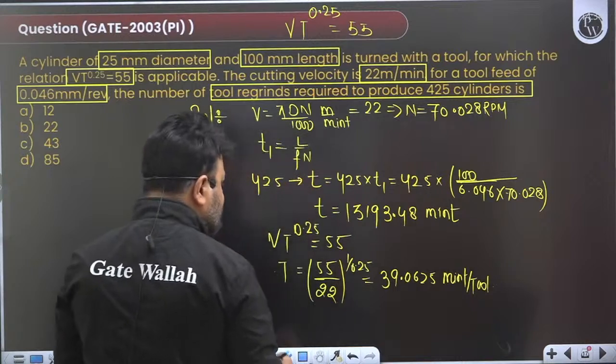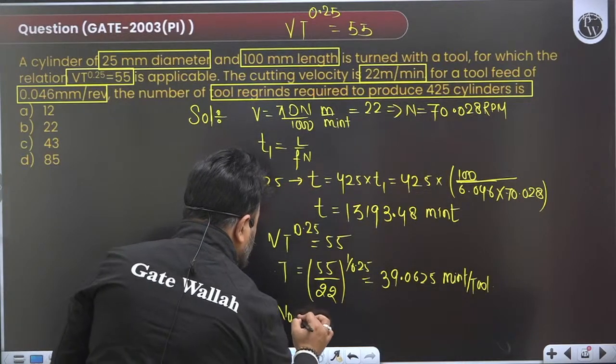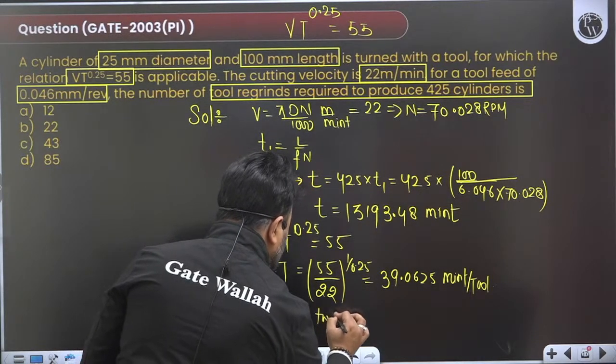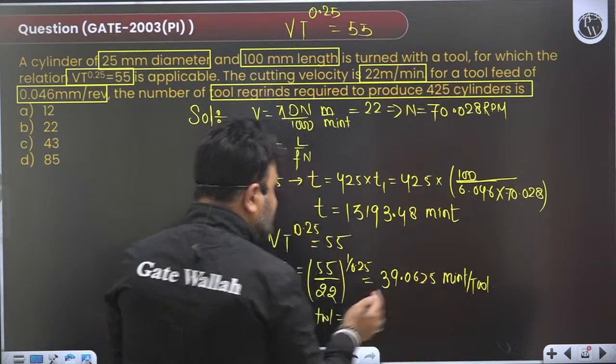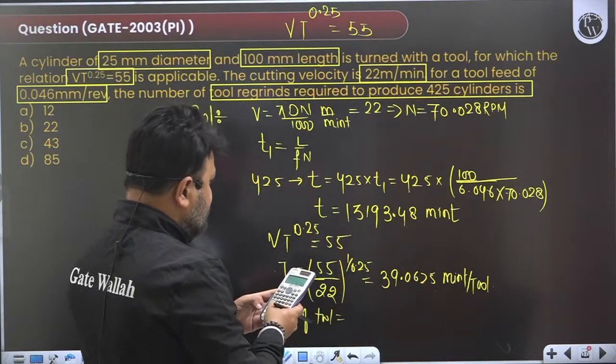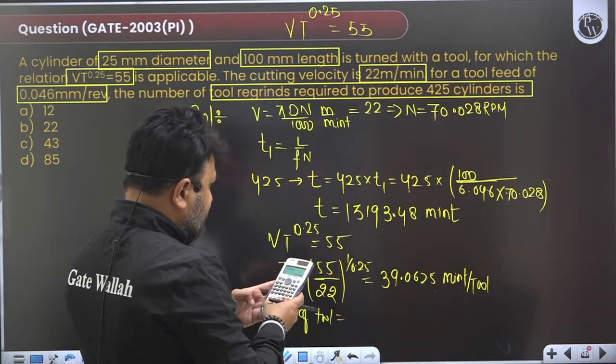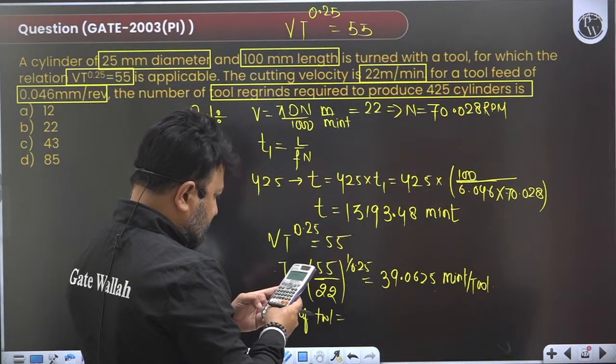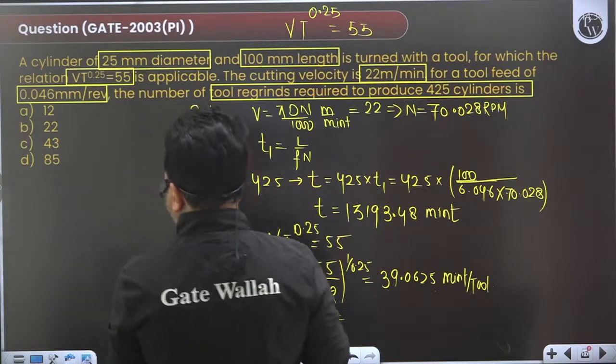Then the number of tools is this divided by this: 13193.48 divided by 39.0625, so 337.